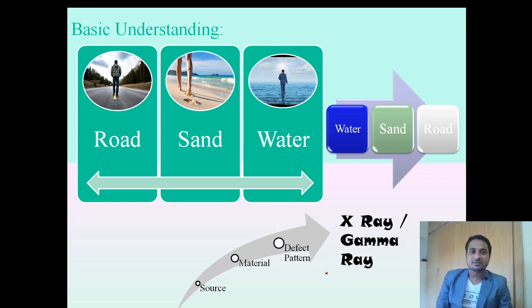Now, you can see I have shown one diagram here. If a person is walking on a road, what will be his speed? The speed will be pretty good.